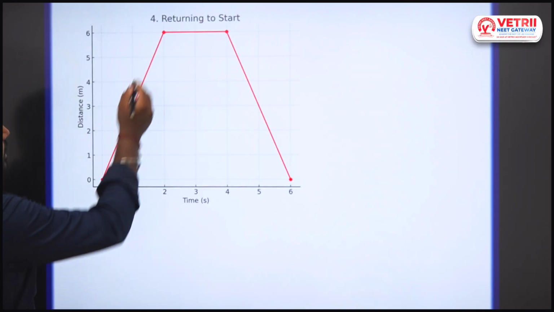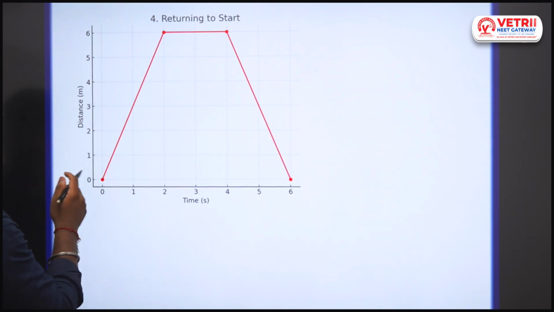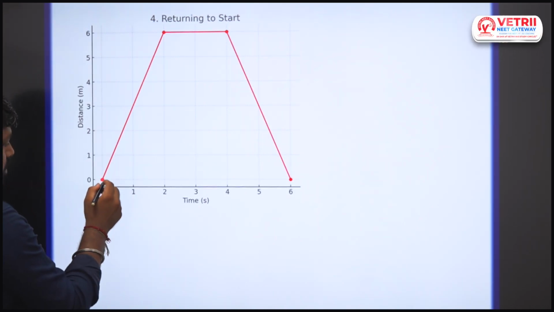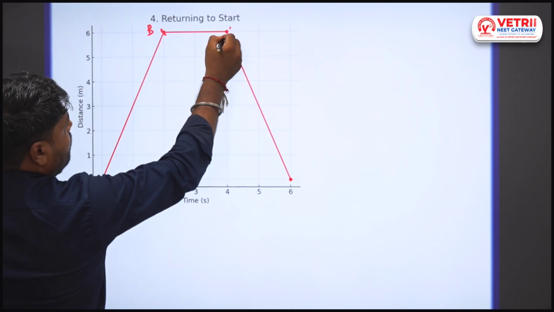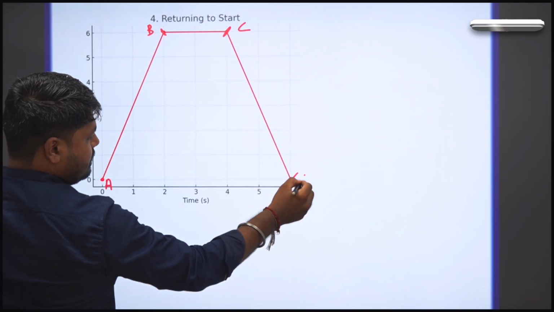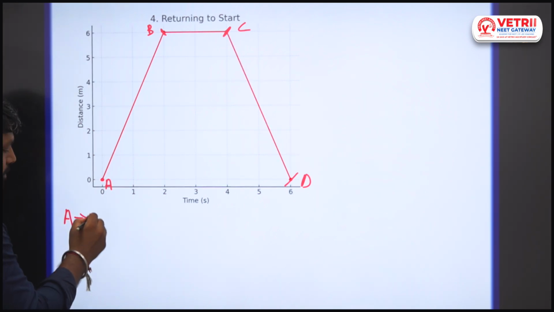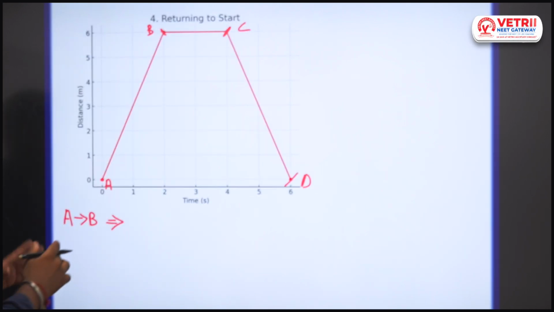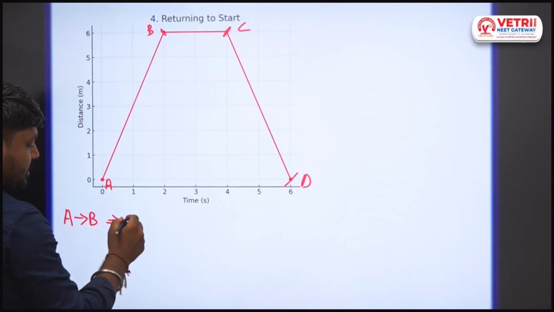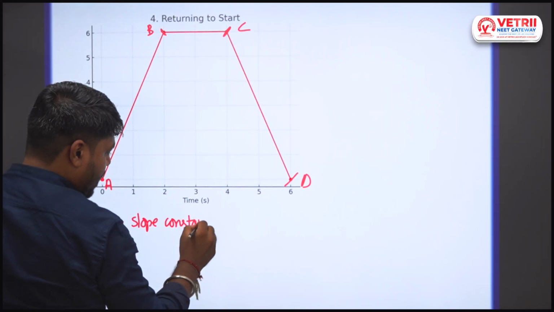Okay. From here to here, consider this point. This is A point and B point, and this is C and this is D. Okay. From A to B, what is happening to the slope? So listen to the slope very well. The slope is a straight line, which means slope is constant. Slope constant means, what graph is it?